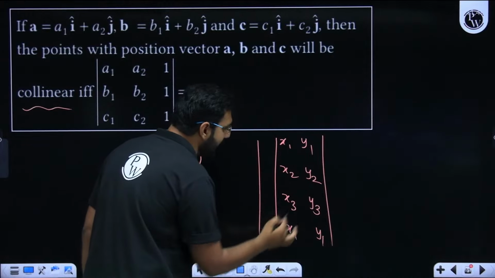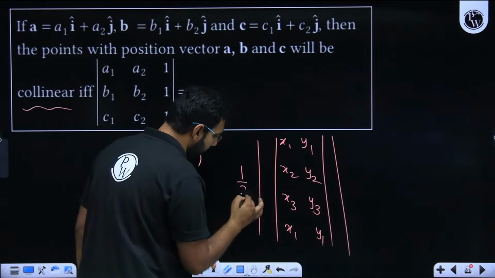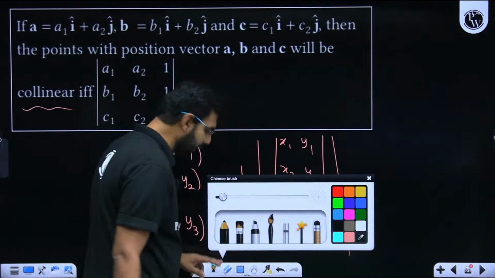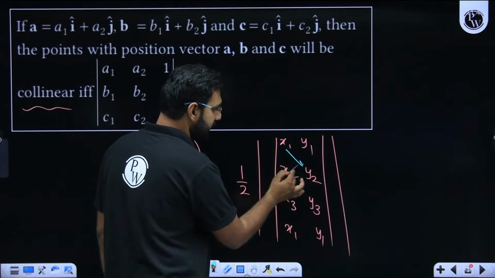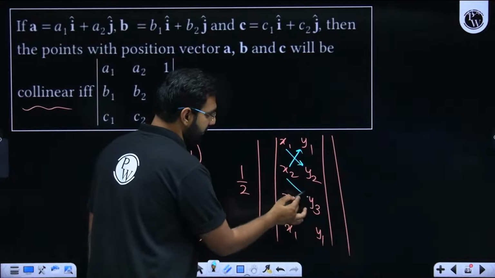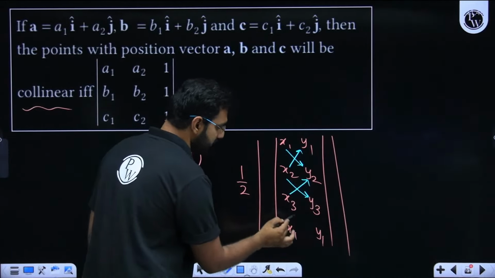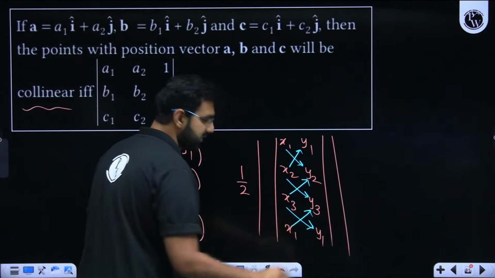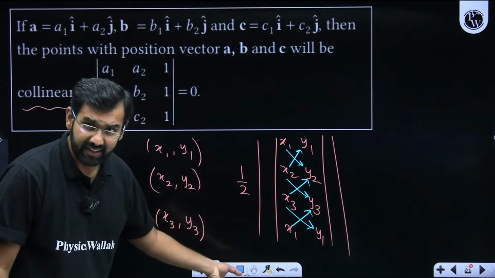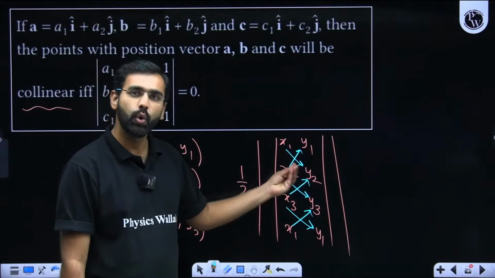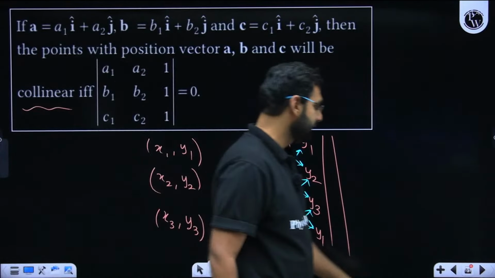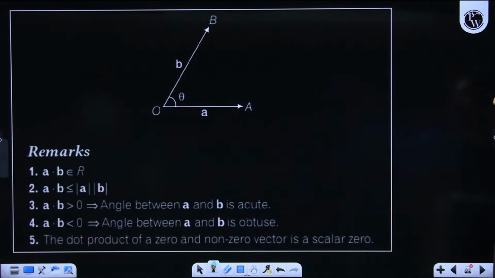If I add a mod here and multiply by 1 by 2, I'll get the area of the triangle. Stair, how do we expand? This into this minus this into this, plus this into this minus this into this, plus this into this minus this into this. And if this stair, when expanded, gives you the value 0, we know it is going to be collinear. That's exactly what they are suggesting there. Everybody listening and understanding that?